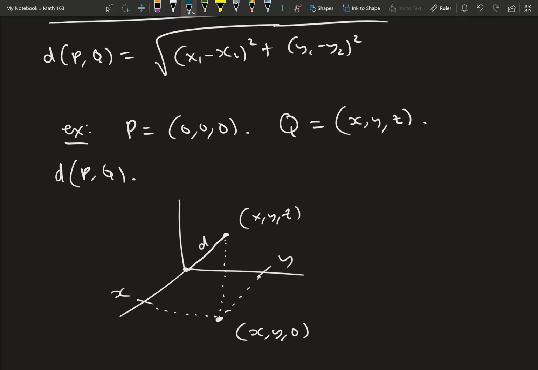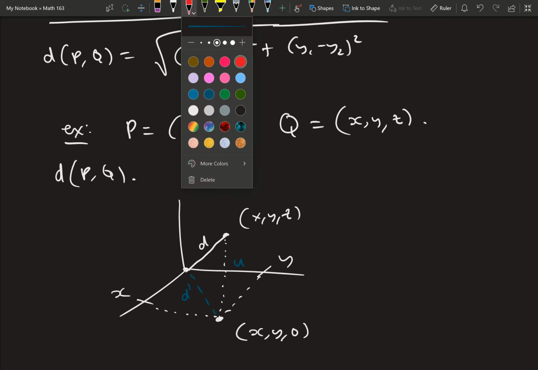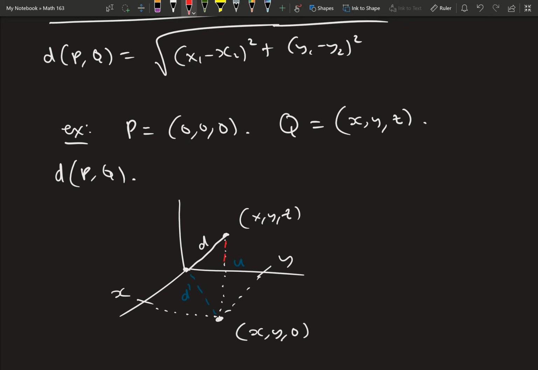Well, what we can do is draw a little diagonal right here. I'll draw that in blue. I'll call that d prime. And the part going up, I'll call that u, in red. Using the distance formula from R2, we can easily see that d prime here is the square root of x squared plus y squared.